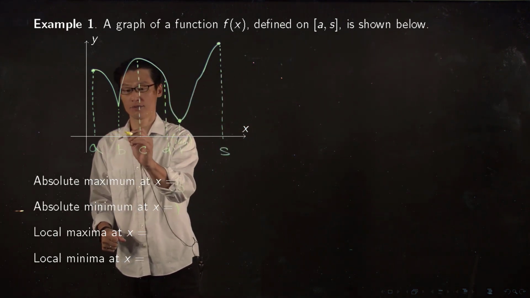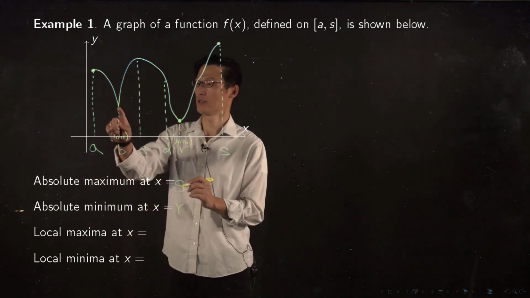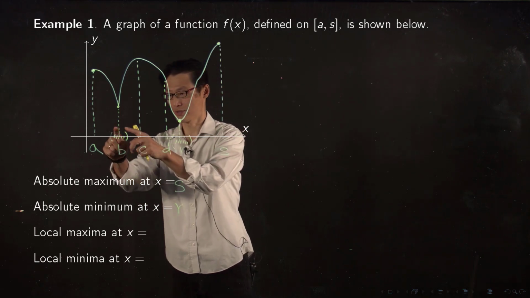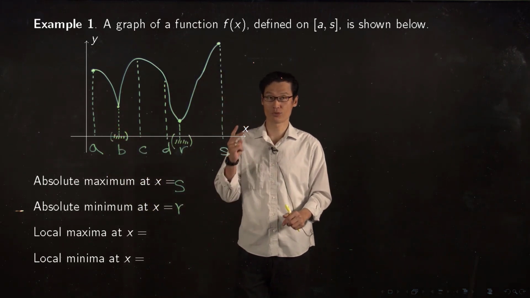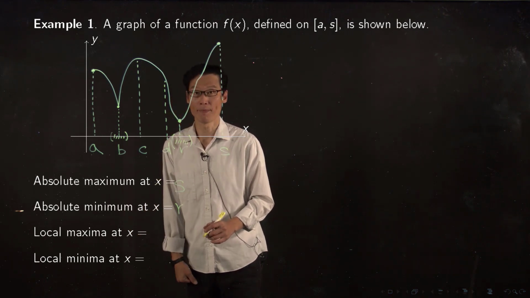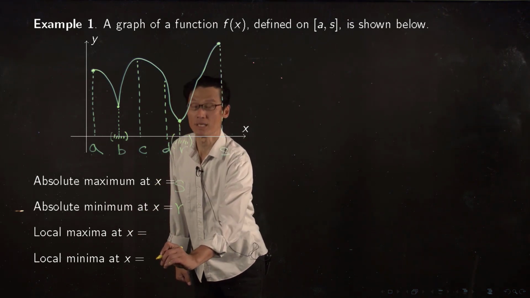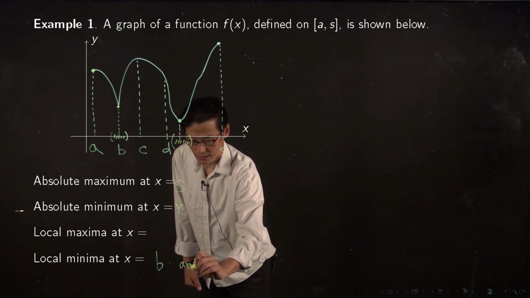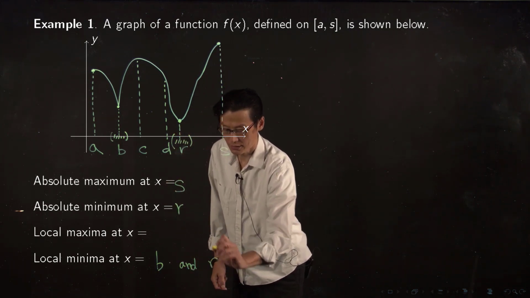Similarly, if you think of this interval, this function value f of b is the smallest on this interval. So we have two local minima: local minimum at x equals b and this value r.